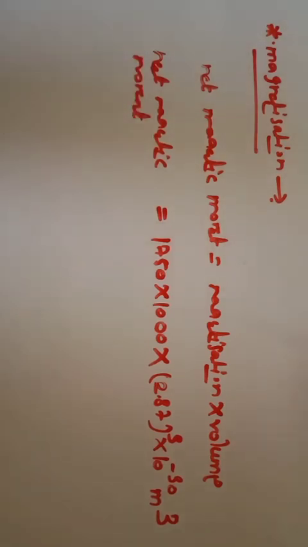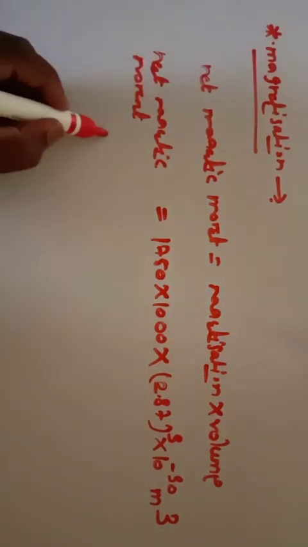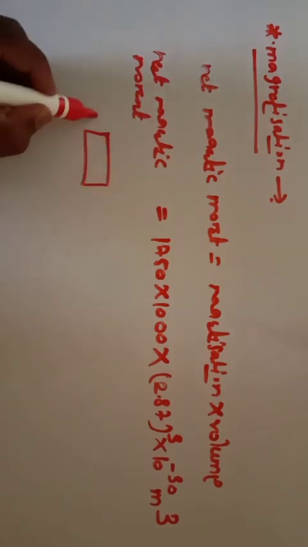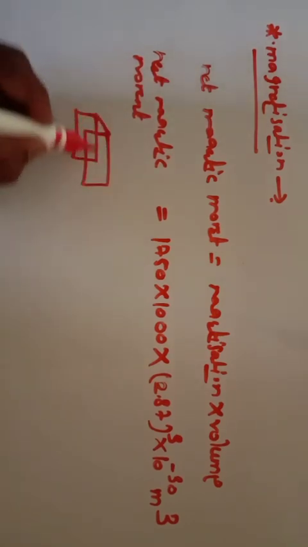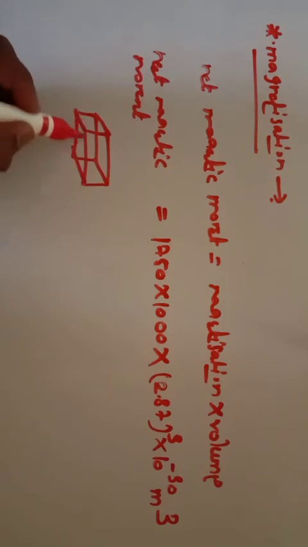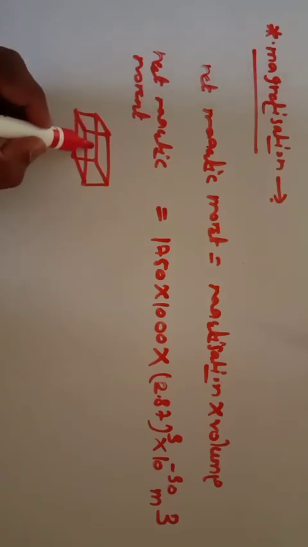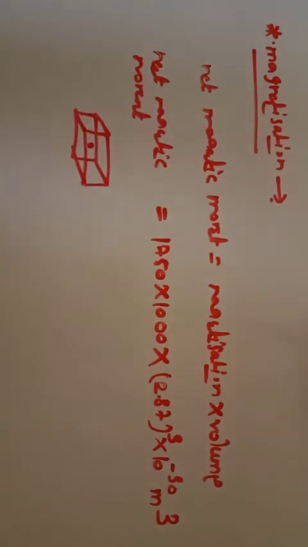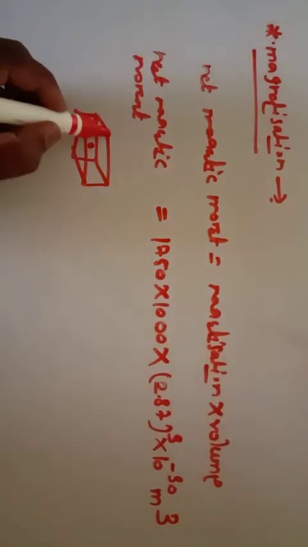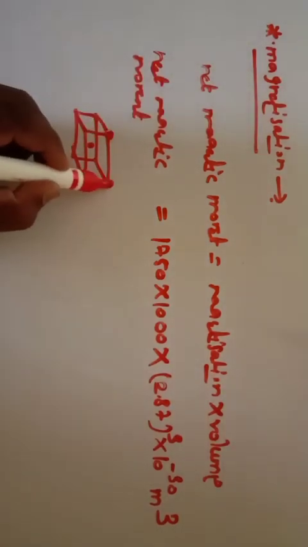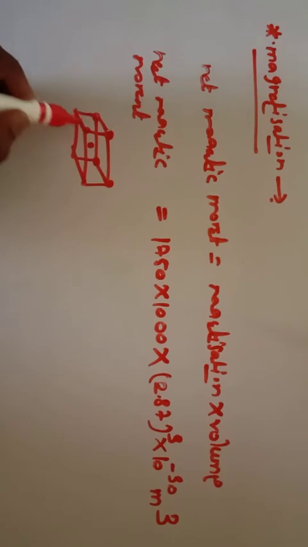So if you consider this BCC, body centered cubic lattice, we are very much familiar with this BCC. In BCC, there is one atom at the center and the remaining atoms at the corners.